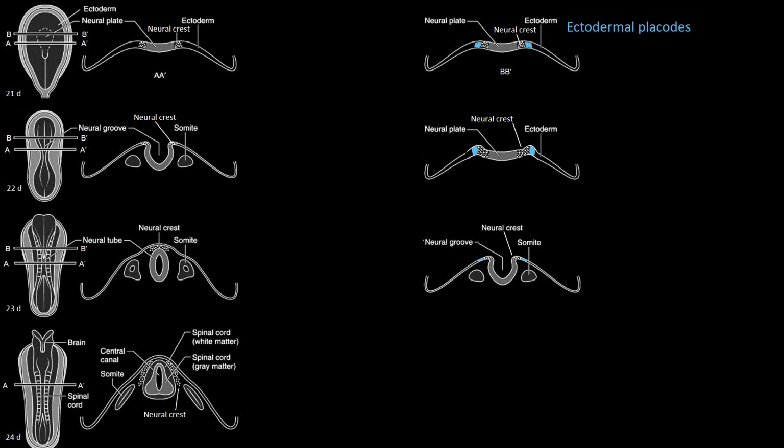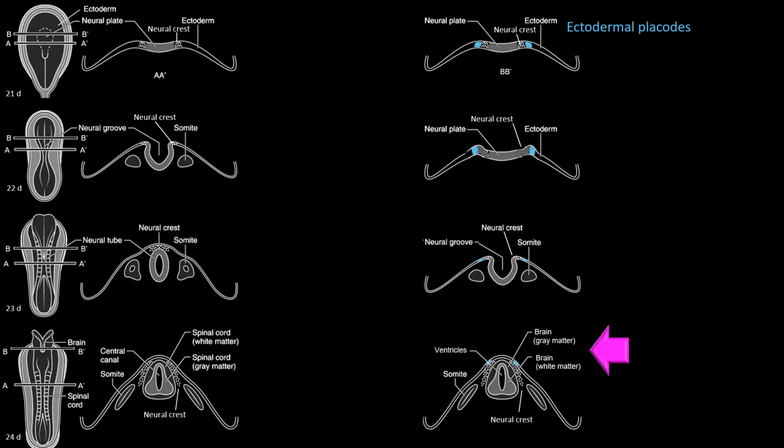As you can see, the basic arrangement is maintained, and in the 24-day embryo, a rostral cut will show the brain, the neural crest, represented by the dotted lines, apart from the brain and the ectoderm, and the blue element that remains in the ectoderm.